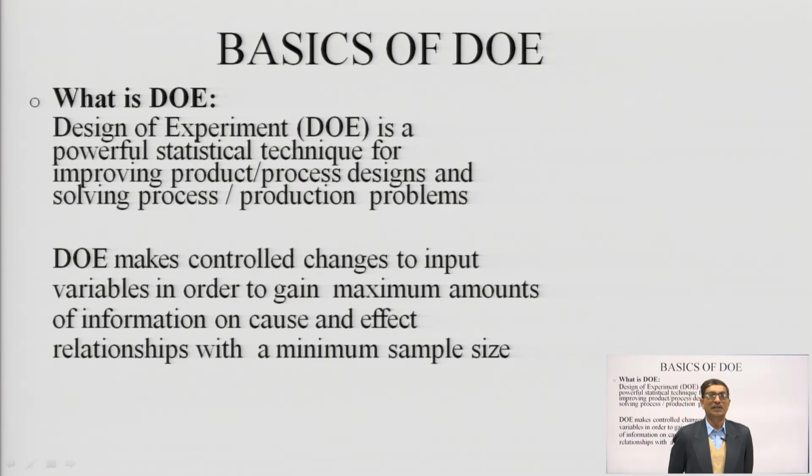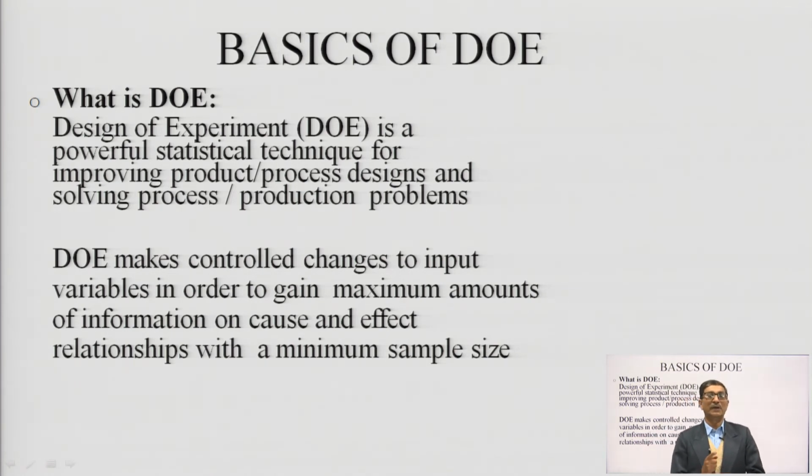So, what is DOE? DOE, or design of experiment, is a powerful statistical technique for improving product and process design, and solving process or production problems. DOE makes controlled changes to input variables in order to gain maximum amounts of information on cause and effect relationships with a minimum sample size.